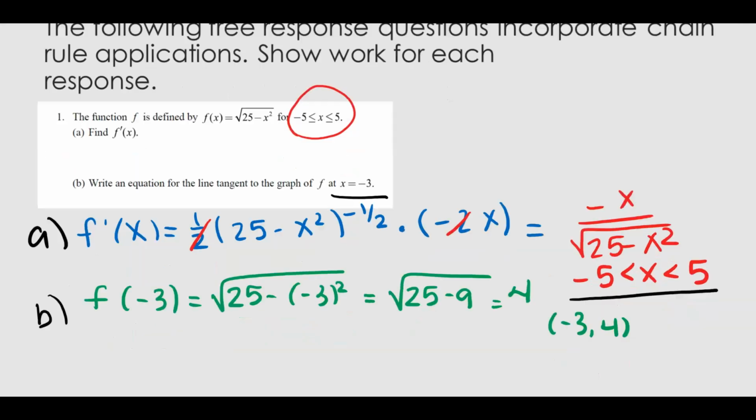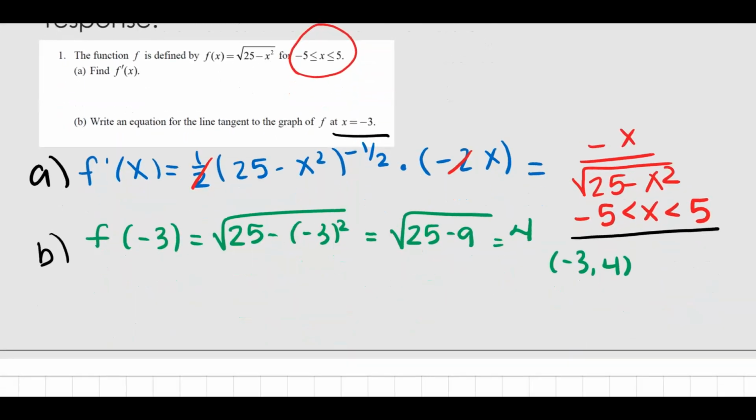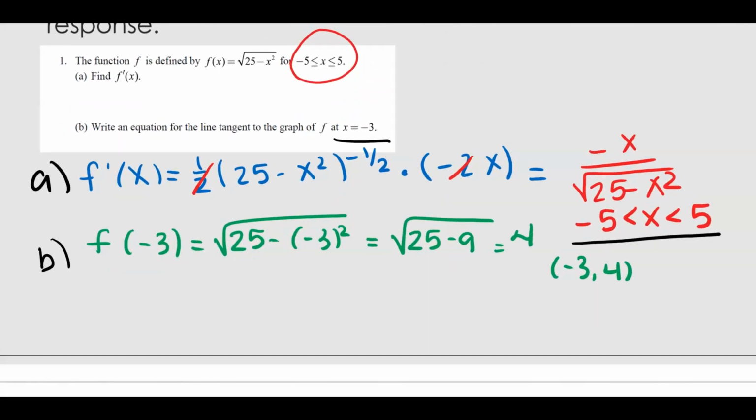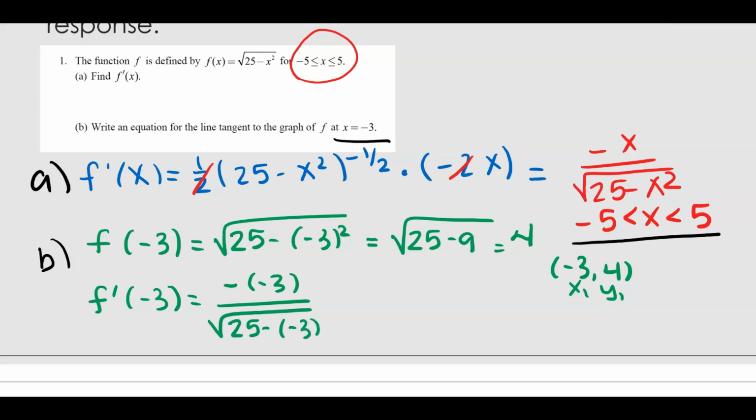What makes that so crucial is that that coordinate point is my x1, y1. And then what else I need is f prime of negative 3. Well, I already have my derivative, so it's negative 3 over the square root of 25 minus negative 3 squared. So I get a positive 3 over 4.